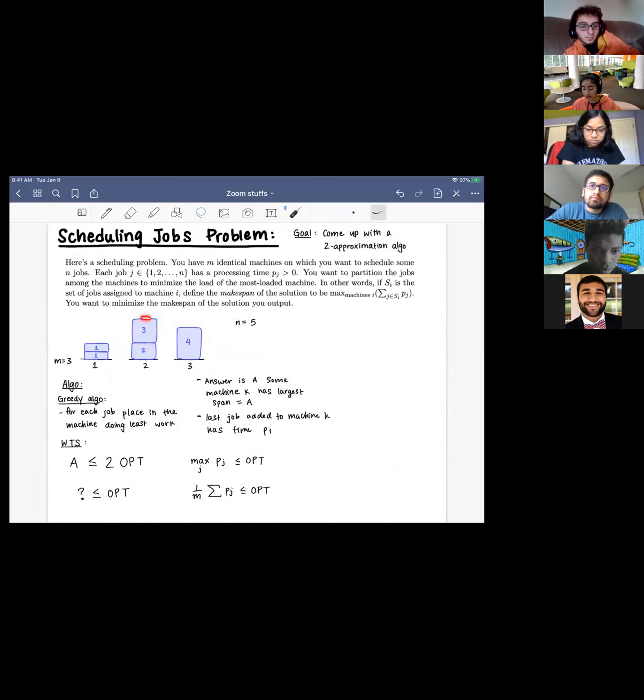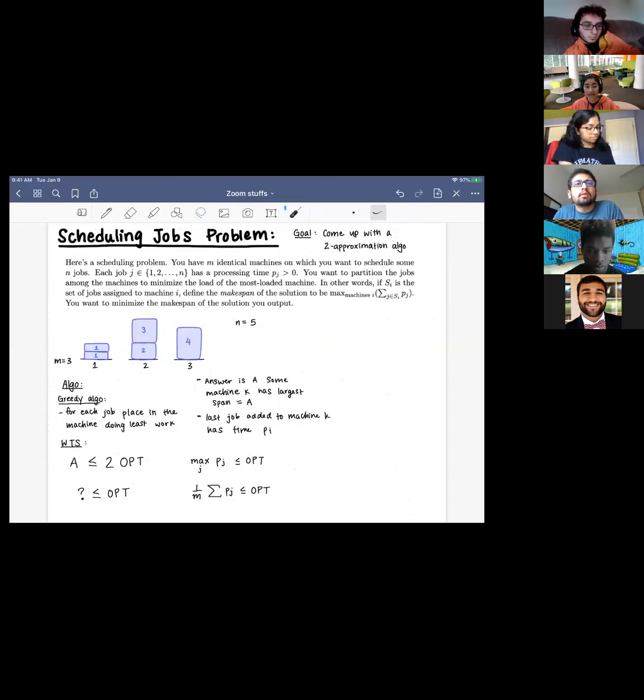In this case, our pi is 3. This isn't necessarily the last job added overall, but it is the last job added to this machine. And it is the one that creates our maximum answer.